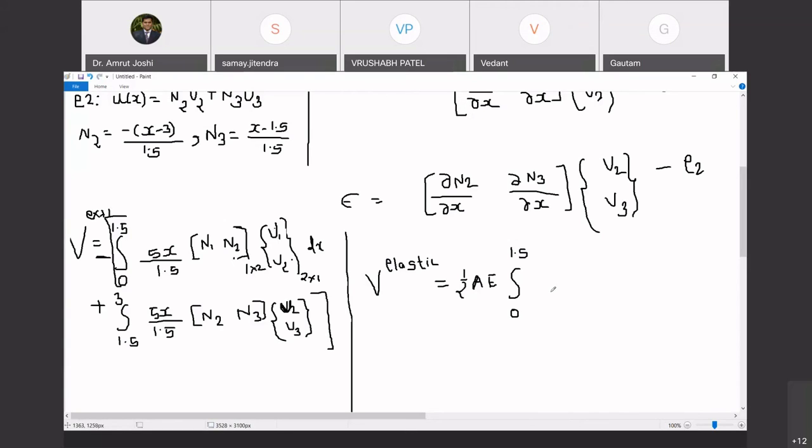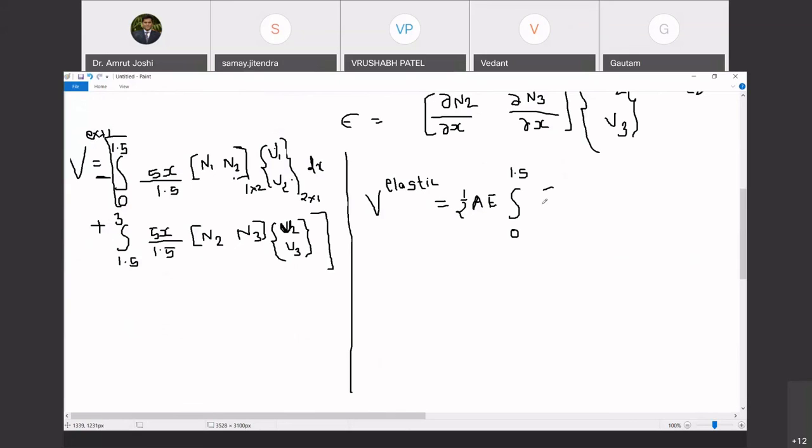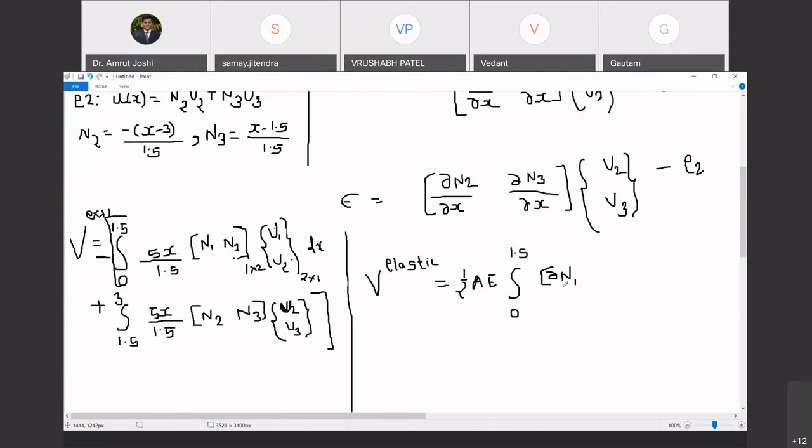So half AE is sitting outside, and here I am going to write the values as [∂N1/∂X, ∂N2/∂X] times [U1, U2].